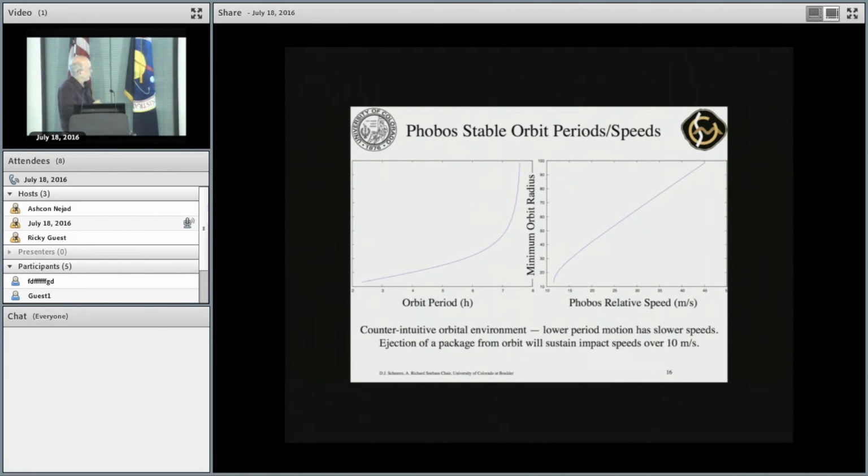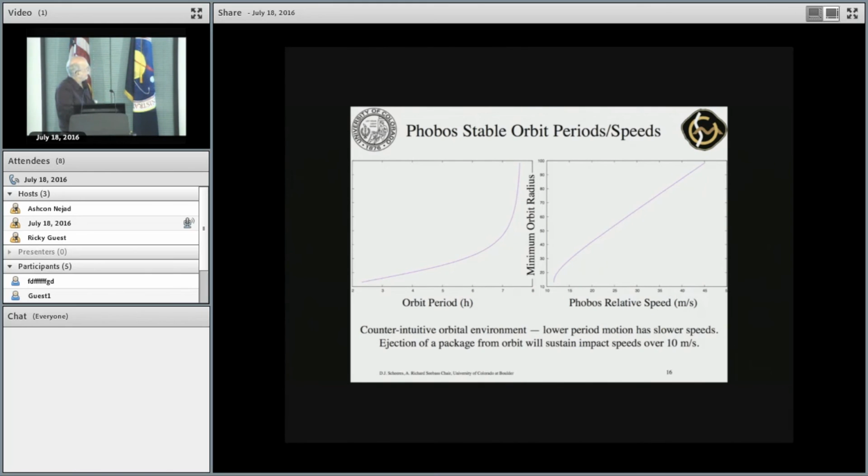And I think my time is running out, so I'll just show this. And it's actually, again, a very counterintuitive situation. As you get closer and closer to the surface of Phobos, the orbit period decreases, which is expected, but the speed relative to Phobos also decreases.